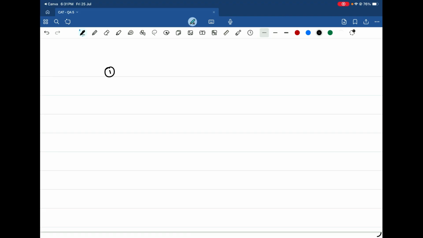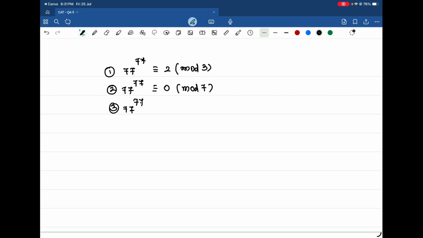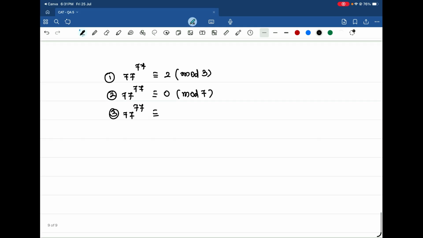First equation is 77 to the power of 77 is equivalent to 2 mod 3. Second, 77 to the power of 77 is equivalent to 0 mod 7. Third is 77 to the power of 77 is equivalent to 21 mod 37. We have to combine all these three and get the answer.